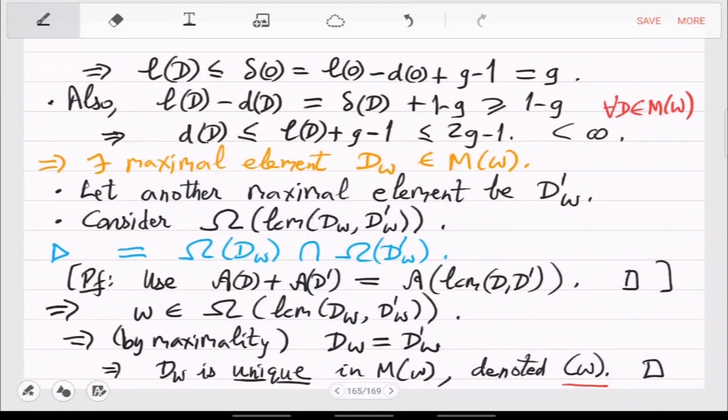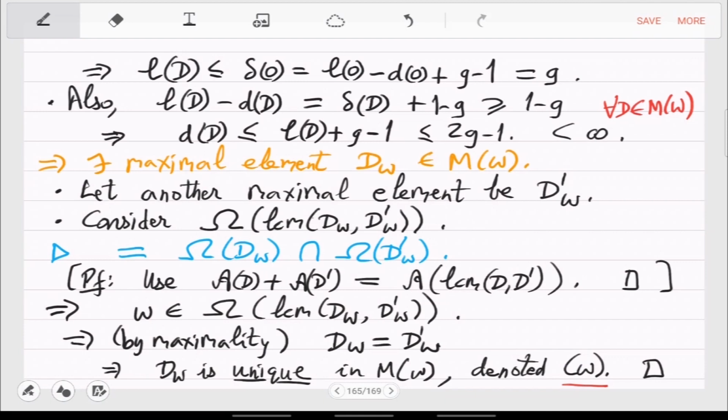By maximality, what you learn is, suppose d omega and d prime omega at some point have different orders. Then in the LCM the order has actually increased.